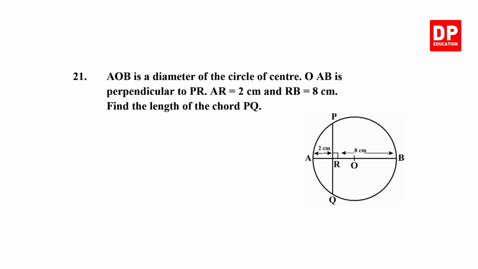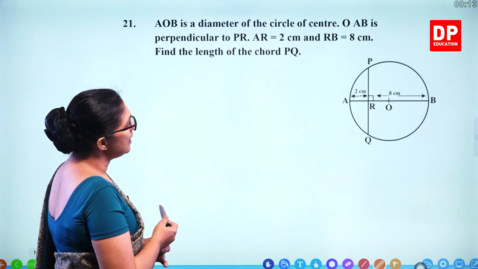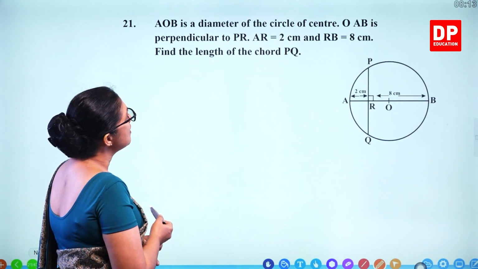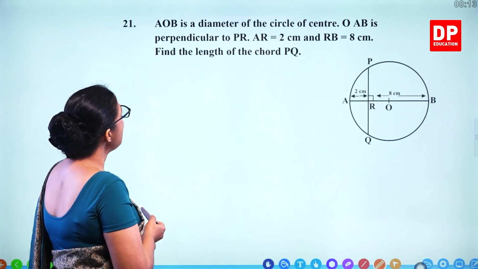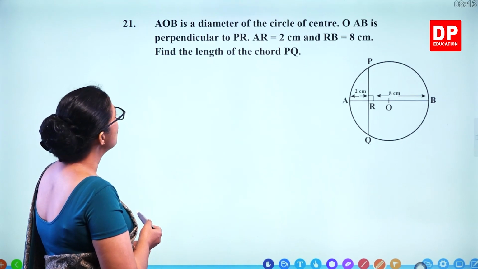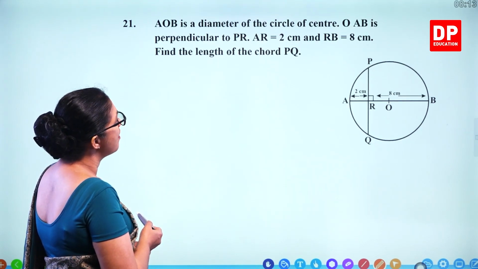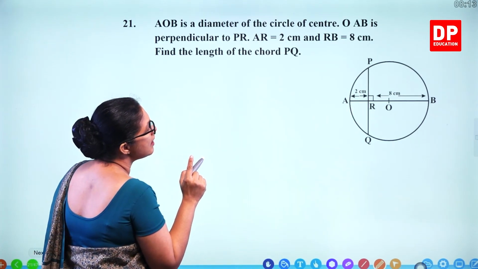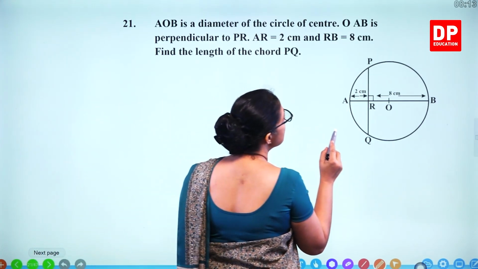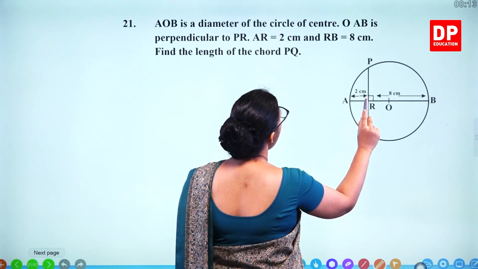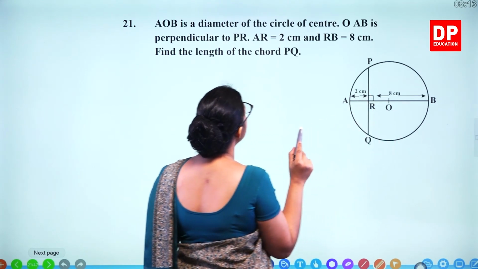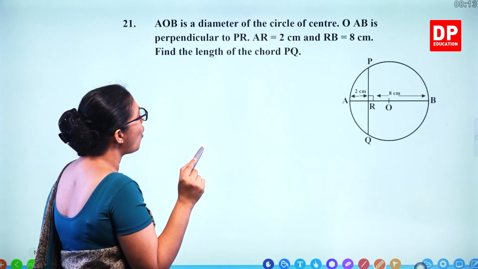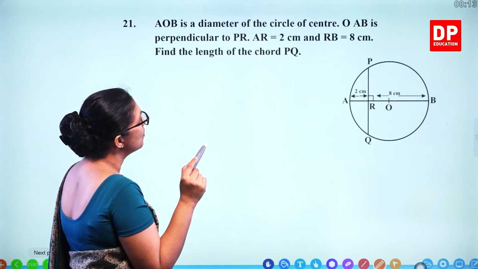Question number 21. AOB is a diameter of the circle with center O. AB is perpendicular to PQ. This is 90 degrees. AR is 2 centimeters and RB is 8 centimeters. Find the length of the chord PQ.